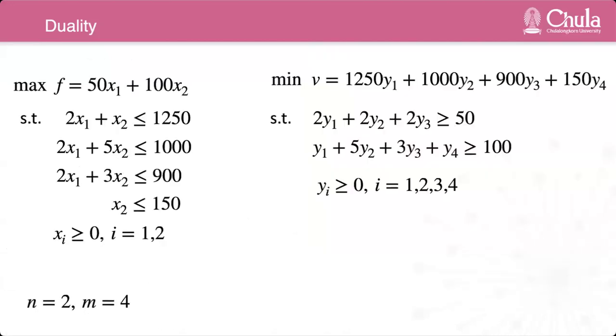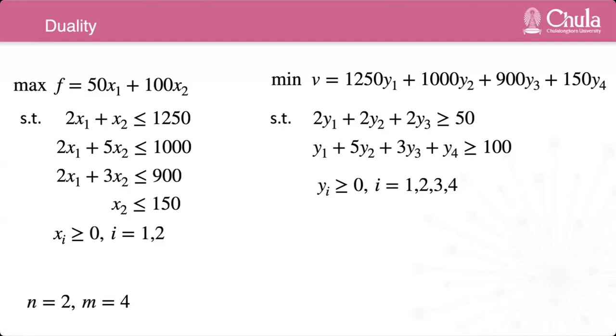Why do we have to learn this? But before we learn about the properties of the duality, let me show you an example. For example, we have the primal problem here. Maximize 50x1 plus 100x2.